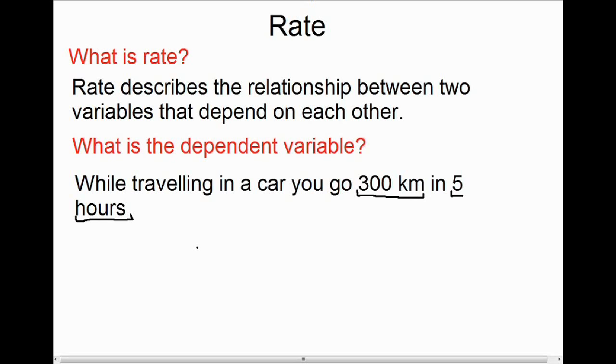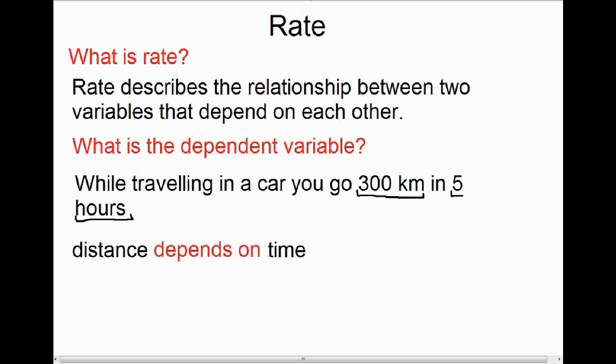When you're trying to determine what is the dependent variable, you have to ask yourself, what depends on what? In this example, we're dealing with time and how far we go, distance. The distance that we go depends on how long we've been traveling. In other words, distance depends on time.